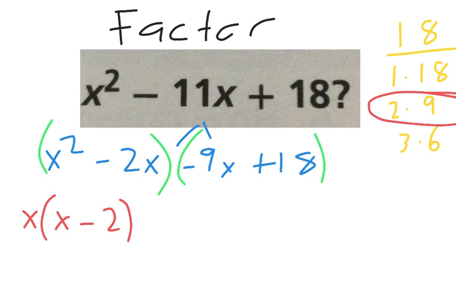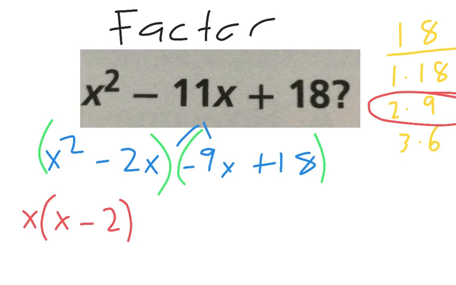So what if we took out a GCF of positive 9? Don't write this down, just watch. What would happen if I took out a positive 9? Then you'd have negative x, and then what's 18 divided by 9?